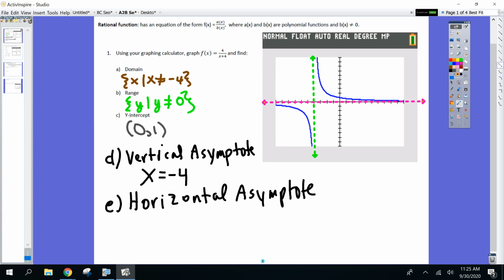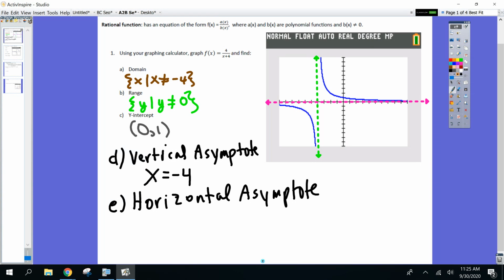It will never touch it there, and Caroline is correct. That line now is y equals 0. So you see the relationship between range and horizontal asymptote, domain and vertical asymptote. There will always be that relationship.